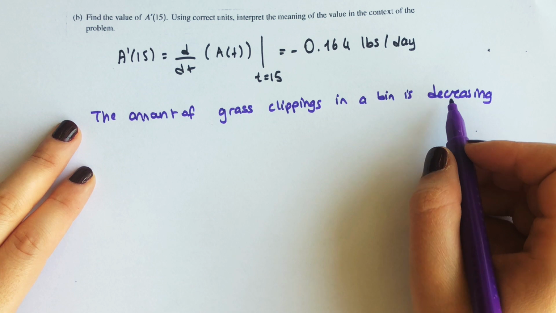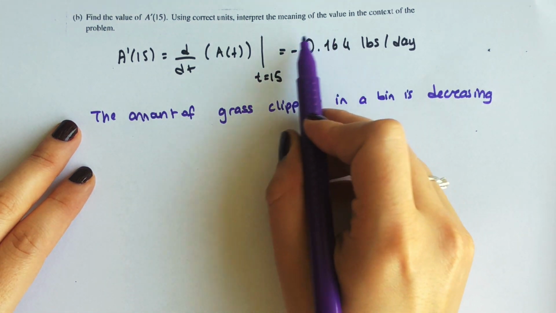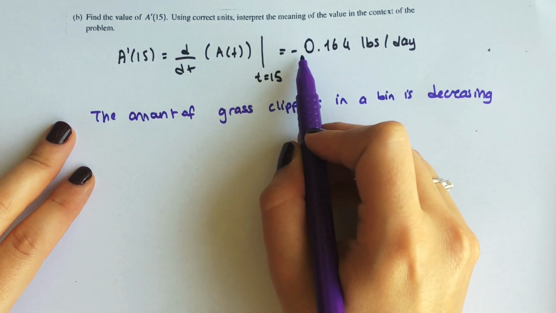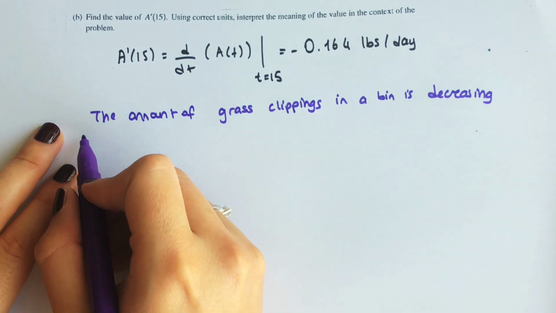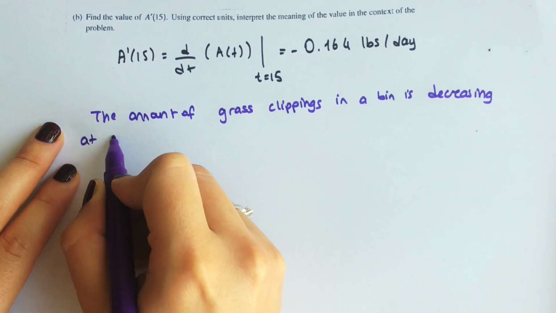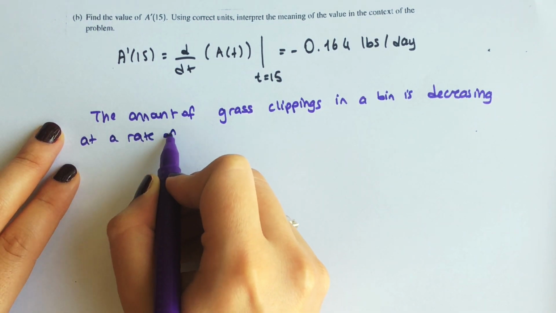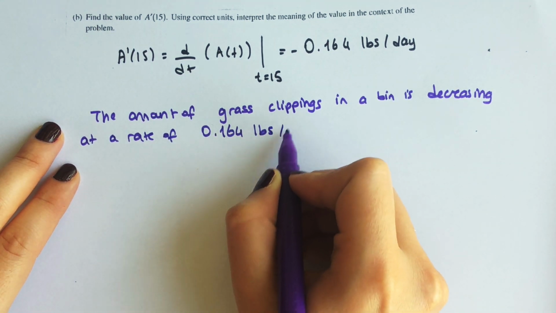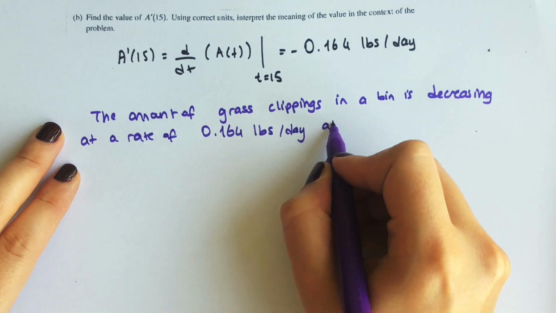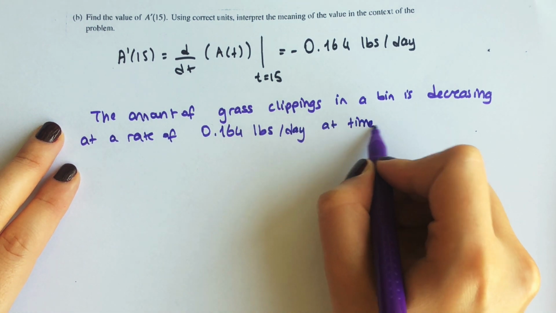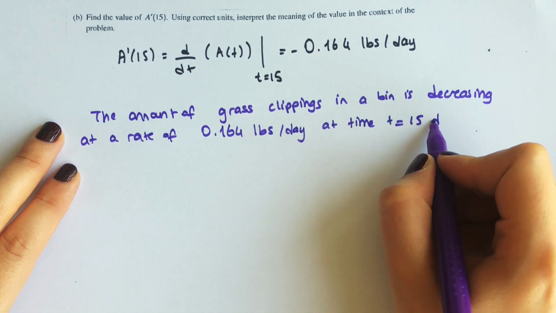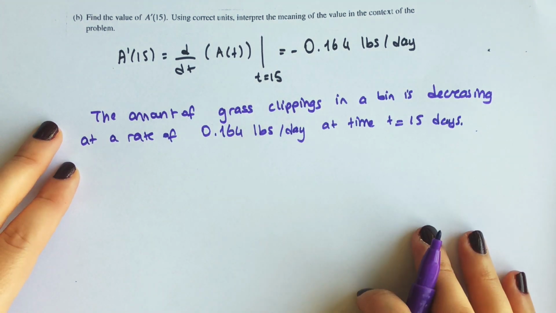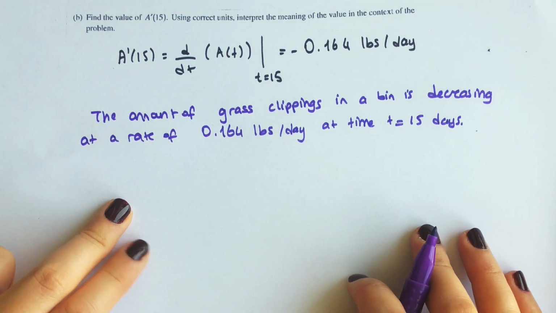Why decreasing? Because the rate is negative. It's decreasing at a rate of 0.164 pounds per day at time t equals 15 days. Now we have concluded part B.